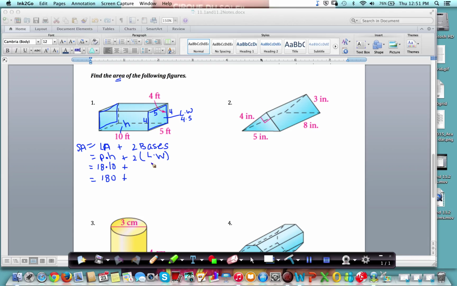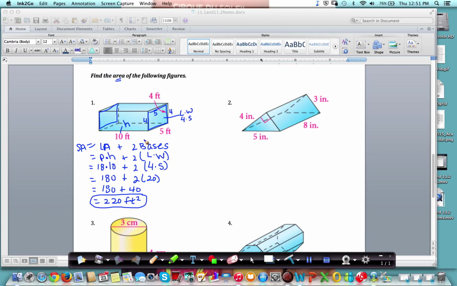And length times width, 4 times 5, gives me 20, and I need 2 of them. So I'm going to have 180 plus 40, which gives me a total of 220 feet squared. Remember, area is always in feet squared or squared terms, okay?